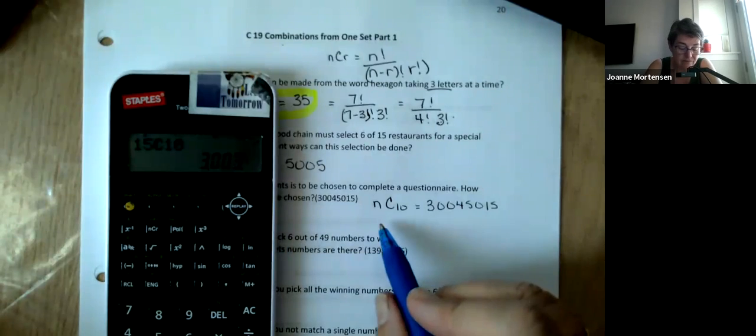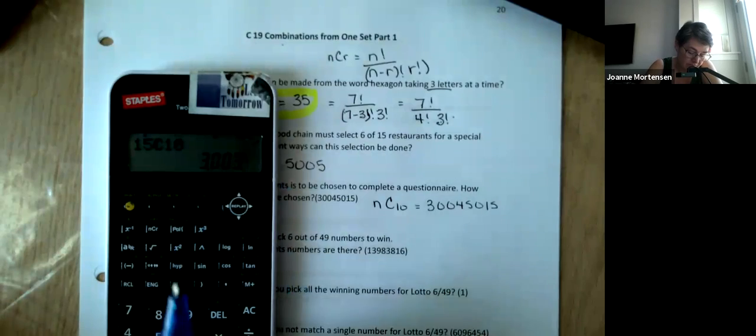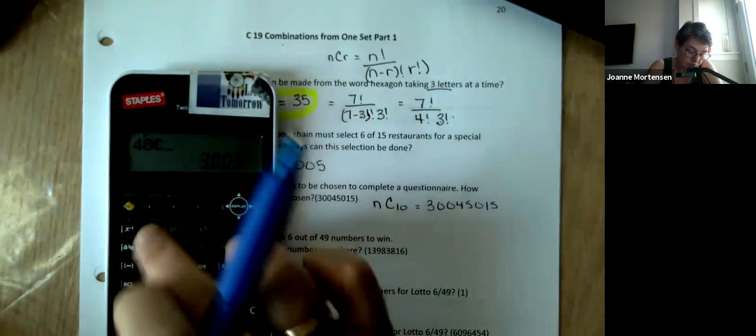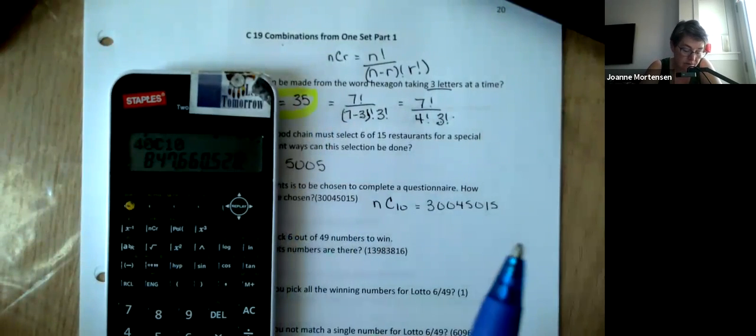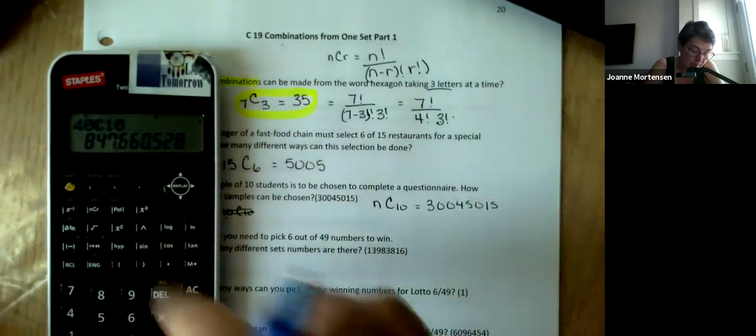Oh no, 15 choose 10 is not nearly big enough. Let's try 40 choose 10. Oh, that one is way too big. So now I know my number is somewhere between 15 and 40.